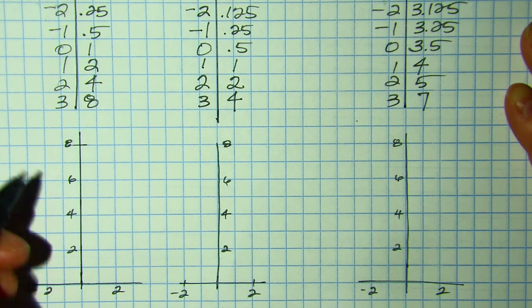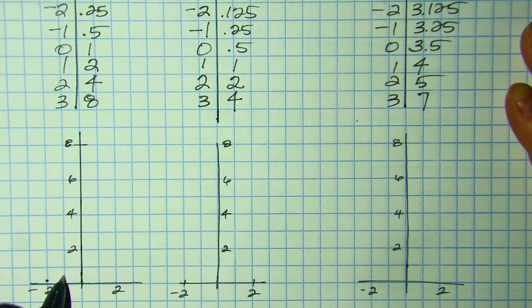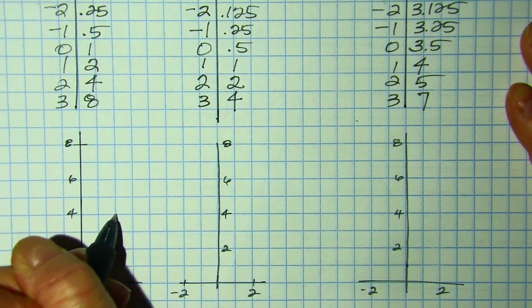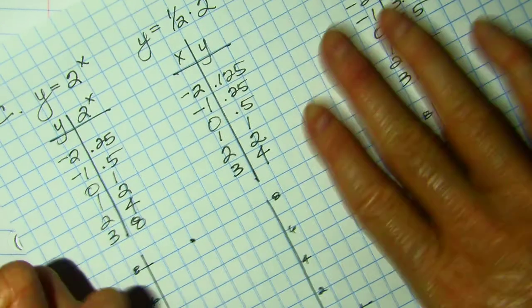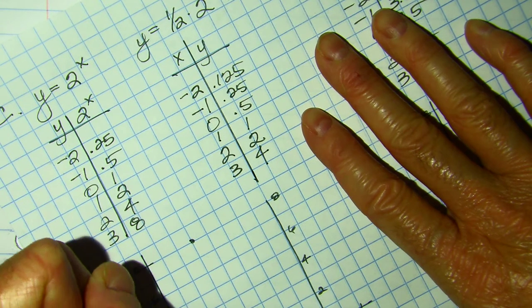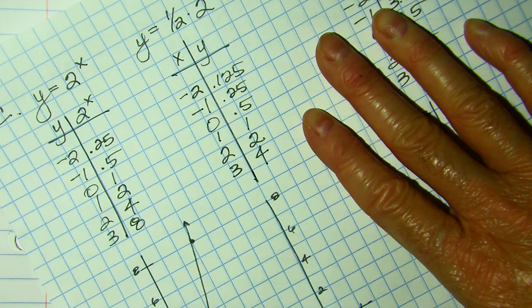This one would be 0.25, 0.5, 1, 2, 4, 8. So it should be a nice growth.